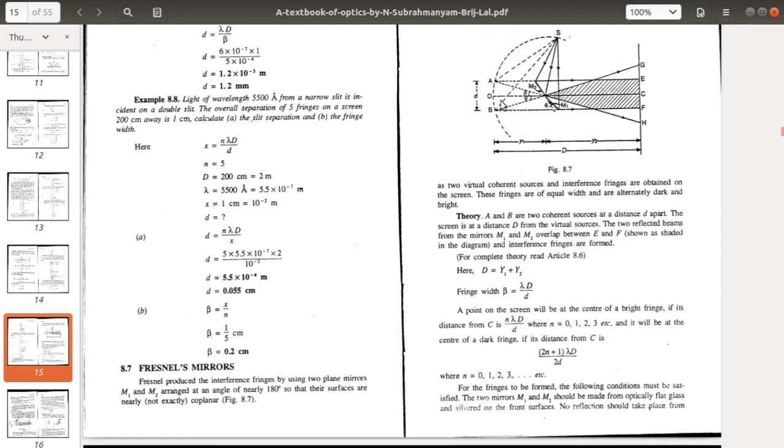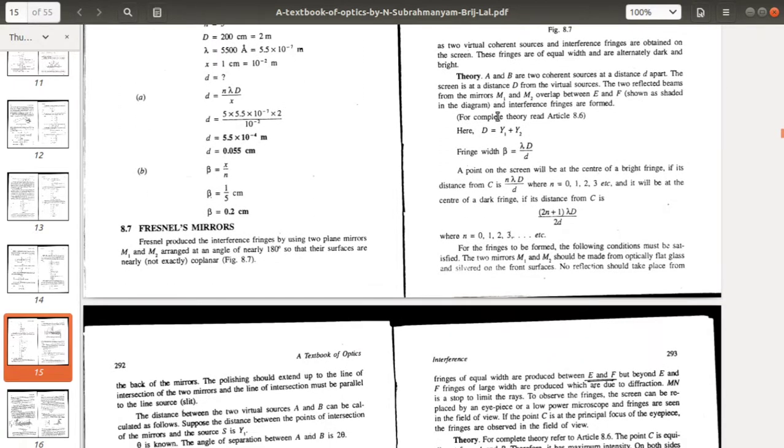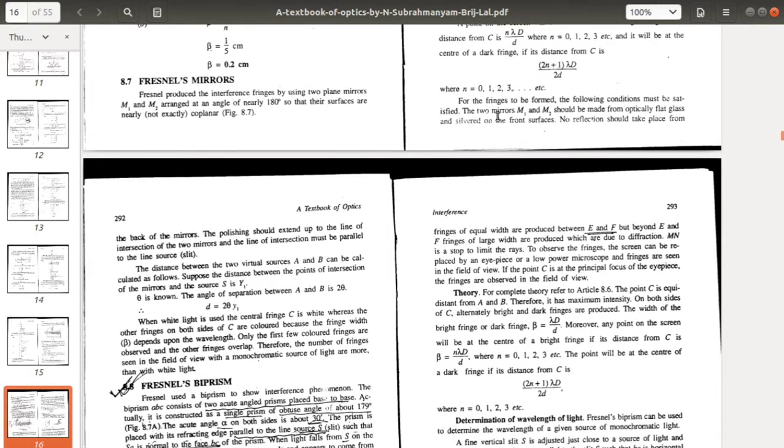So we know the angle between A and B is 2 theta, and the separation between A and B is d. This can be treated as a straight line because these points are very close to each other. So this is almost planar, almost lying in a line.